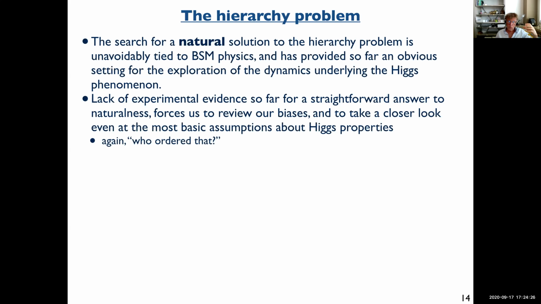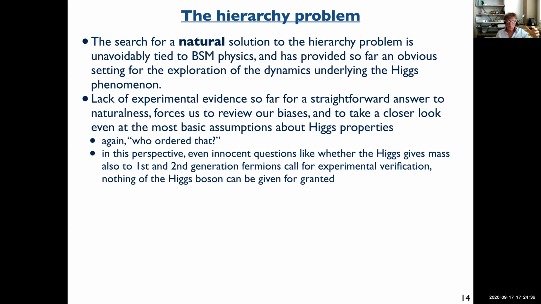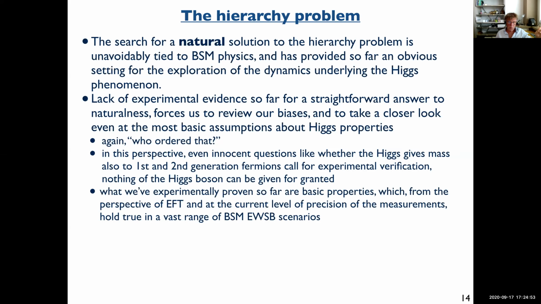So this question of who ordered that, where does the Higgs potential come from, again, becomes extremely important when we put it into the light of the hierarchy problem. And therefore also innocent questions like whether the Higgs gives mass also to the first and the second generation, whether the Higgs boson has flavor violation, for example. We cannot take for granted anything that pertains to the Higgs boson.